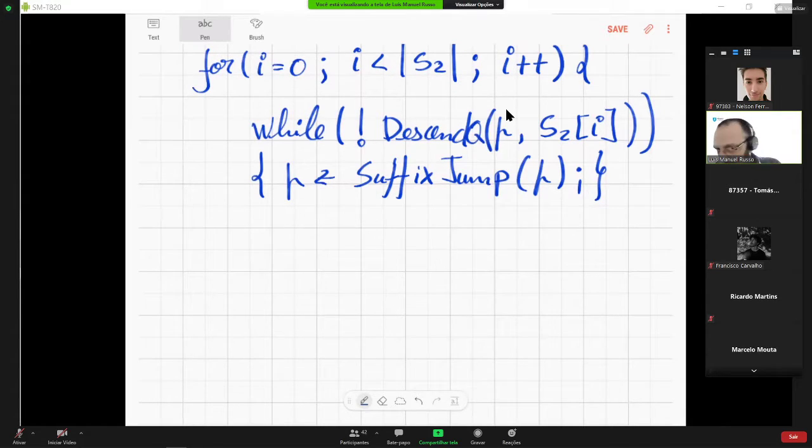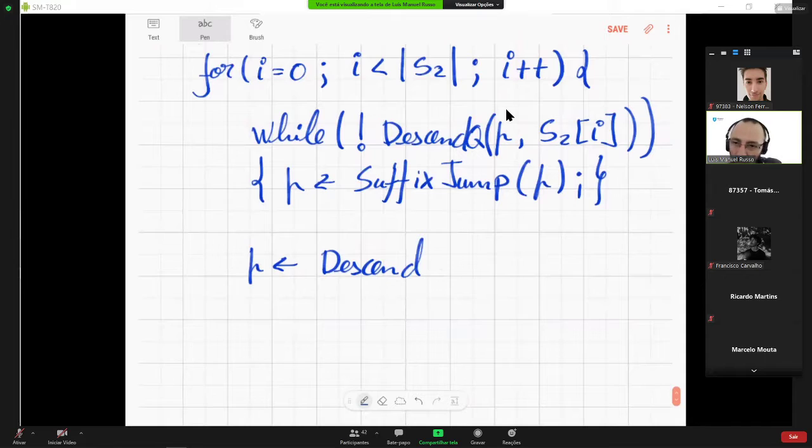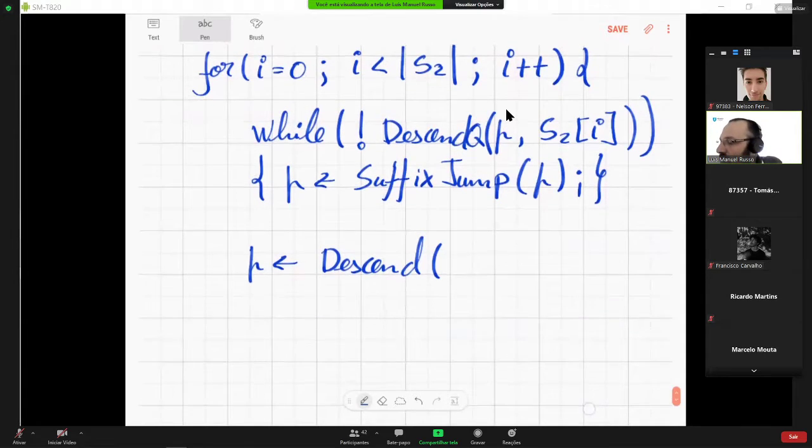I'm just checking if I can descend. And if I'm able to descend, I will descend. Descend is just go down, or read, as we've been calling it. From this point, you just read this letter. This is our algorithm so far.